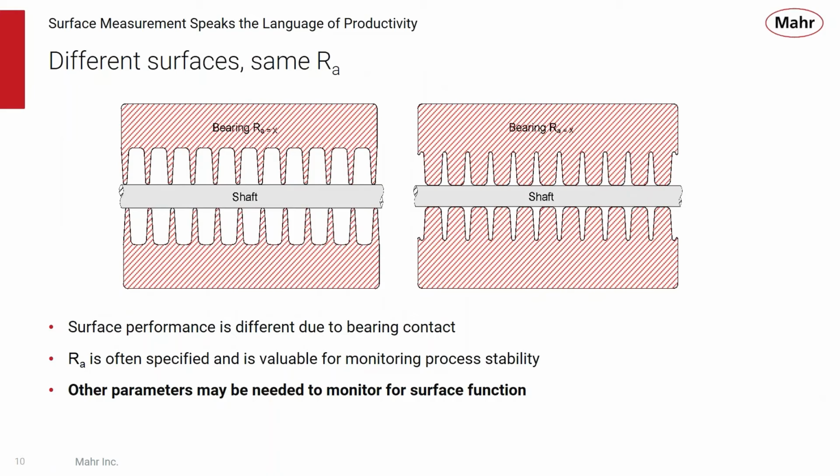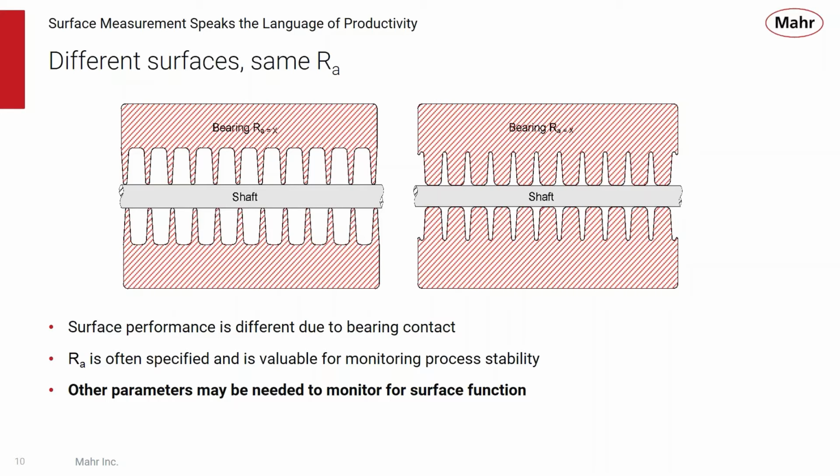But there are always issues with Ra. Since it uses an averaging system, you can have very different looking surfaces that do have the same Ra number. So surface performance could be different due to this bearing contact effect.